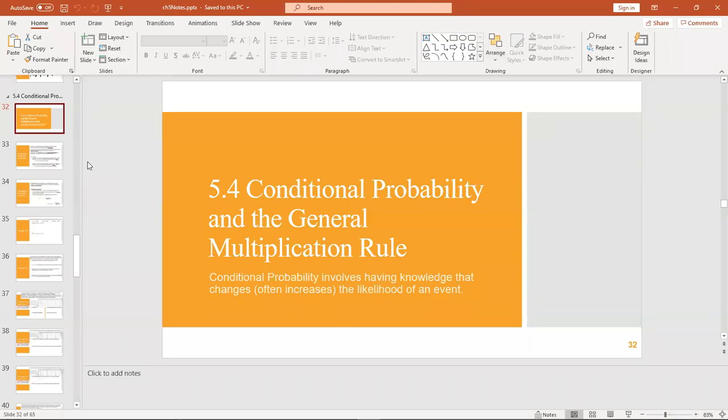So in this section, we're going to look at what is called conditional probability. The idea behind conditional probability is that there is an event that happens, like a condition that has to first be met. And then after that event happens, you want to see how likely it is that another event will happen after the fact.